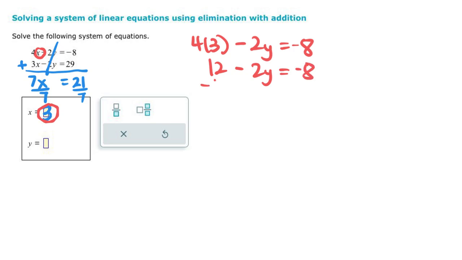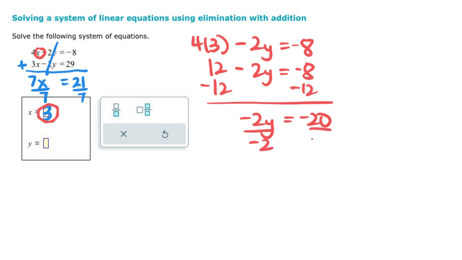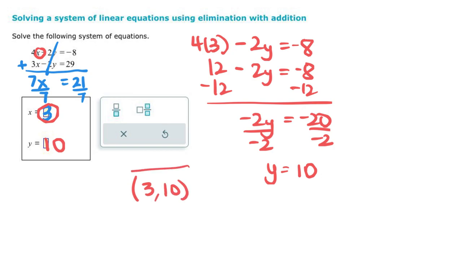So I can subtract 12 from both sides, which leaves me with negative 2y equals negative 20, and I can divide both sides by negative 2, and that is y is equal to 10. That is my second answer. So if you were doing this on pencil and paper homework, I would write my answer as (3, 10). In ALEKS, you'll enter it in the spaces where it asks you to.